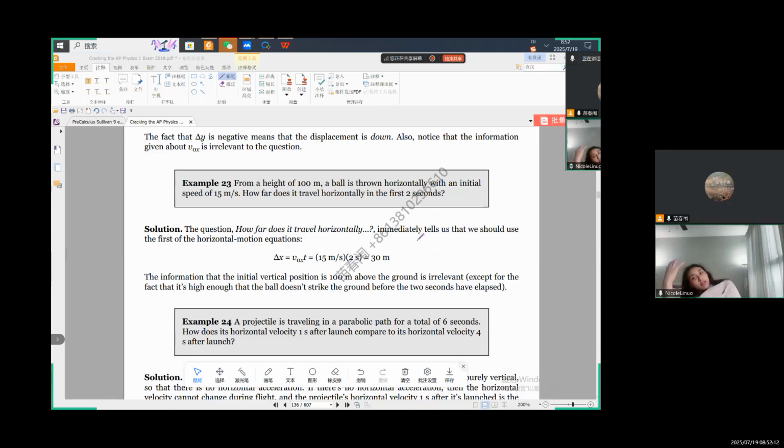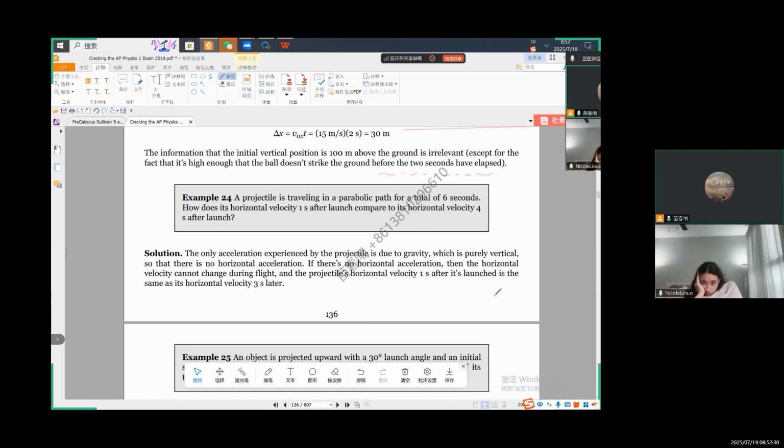Yeah, because it's constant velocity if it's horizontal. The horizontal velocity doesn't change at all, right? This is focusing on one direction component. Horizontal velocity never changes in projectile motion.